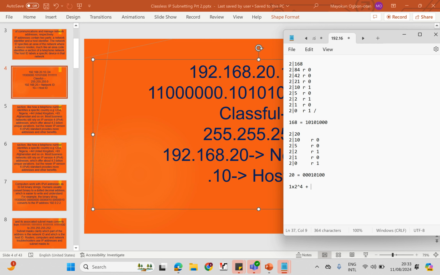And the next one is 1 times 2 raised to power 2. So 2 raised to power 4 is 2 times 2, 4. 4 times 2, 8. 8 times 2 equals 16. Then plus 1 times 2 raised to power 2, that's 4. That's how we are able to get 20.